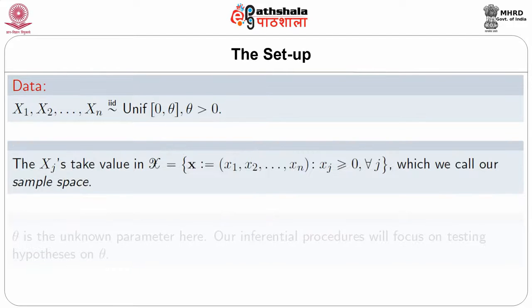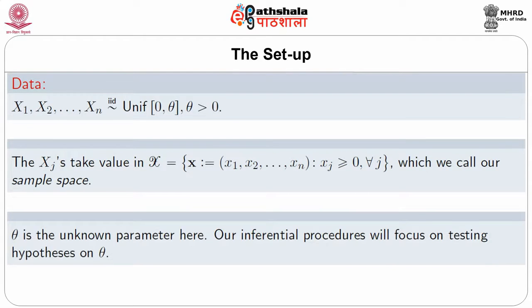Here the sample space is like this, where X1 is greater than or equal to 0, simultaneously X2 is greater than or equal to 0, ..., Xn is greater than or equal to 0. Theta is obviously the unknown parameter, and our inferential procedures will focus on testing different hypotheses on theta.